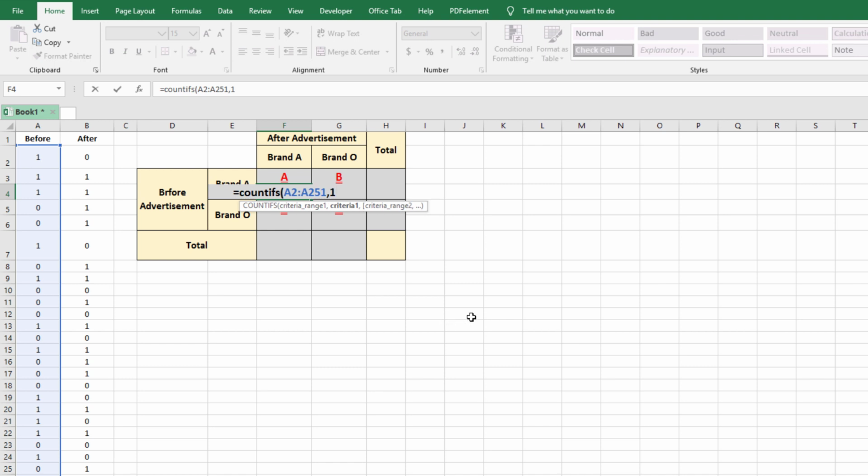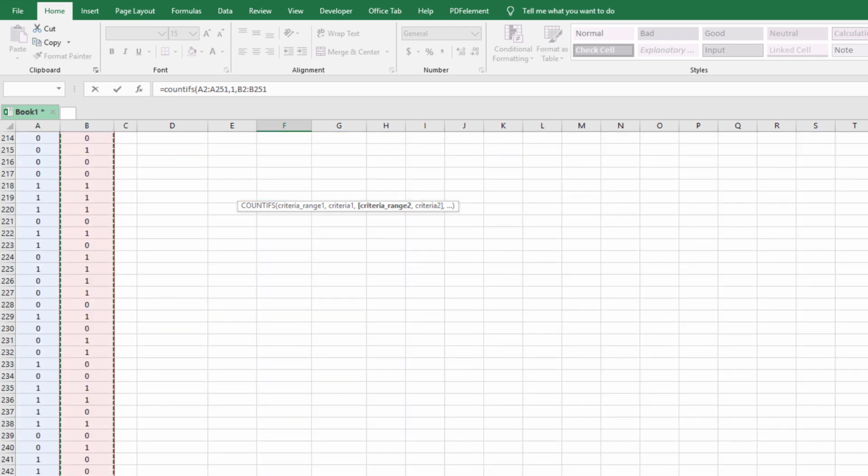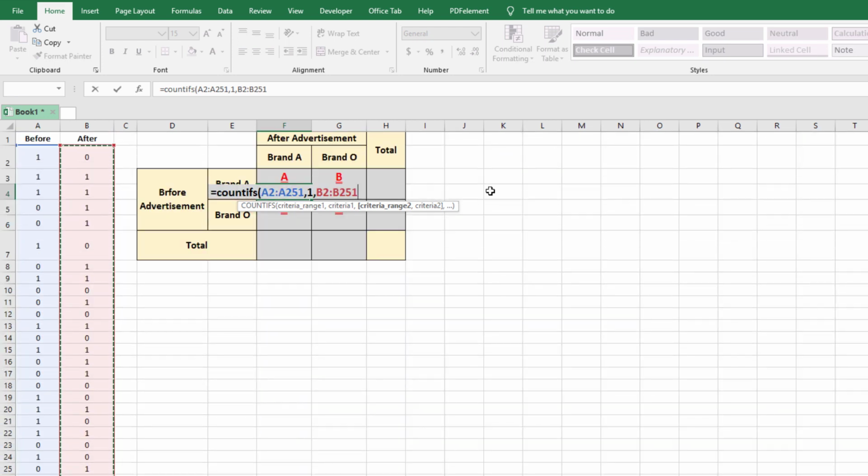Then comma, the second range, where we count how many ones are in the second column.